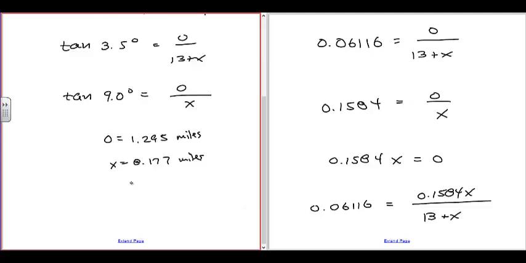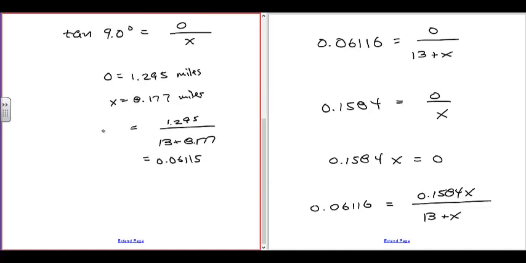So if we find the tangent, if we take 1.295 divided by 13 plus 8.177, we get 0.0611. Yeah, we get that number. I get 5 just because of rounding off.